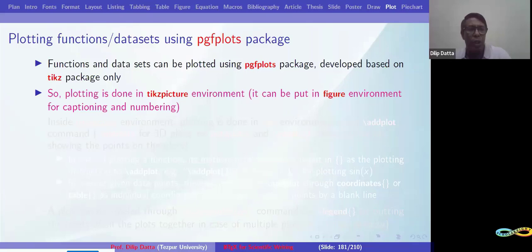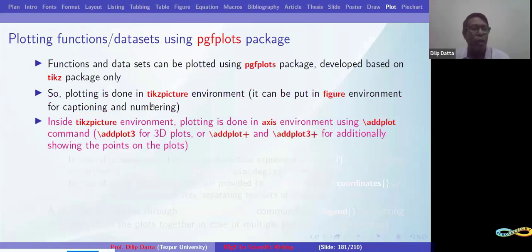If Mr. Sanjay Singh is present today, it was his question also how to draw different small size figures in a paragraph. At that time, I showed only inserting figures. Now, using the TikZ picture environment, inline drawing can be done directly there. Plotting or drawing, anything can be done. Then it can be put in the figure environment for captioning and numbering.